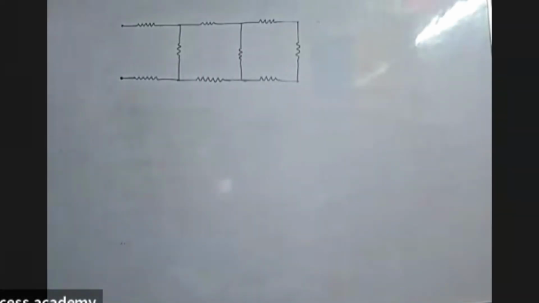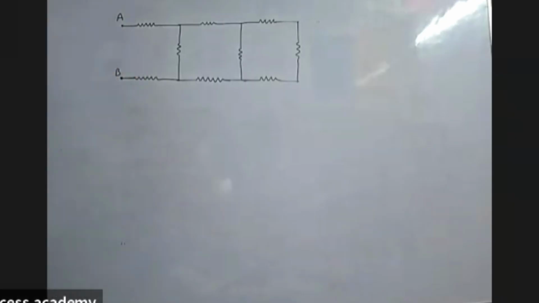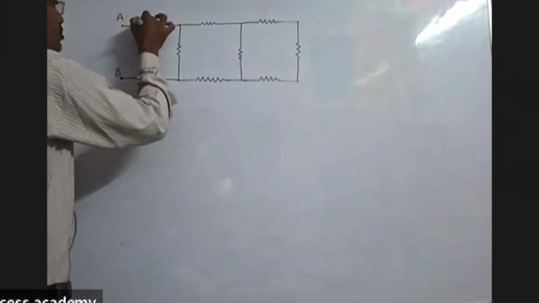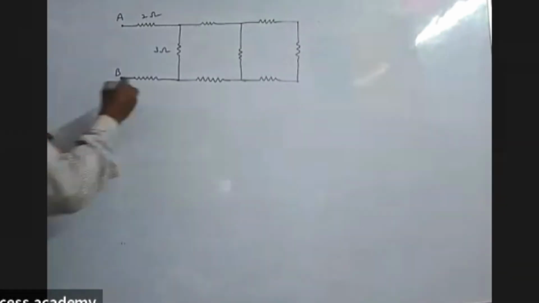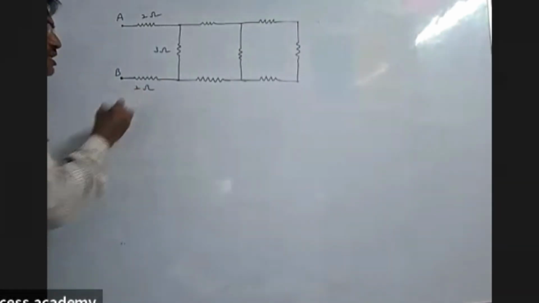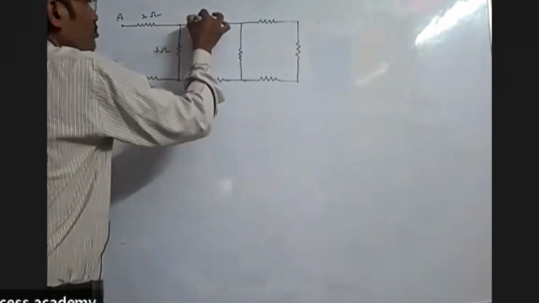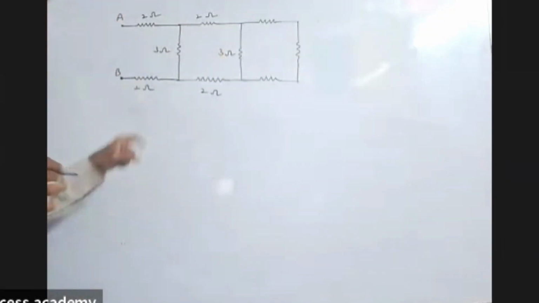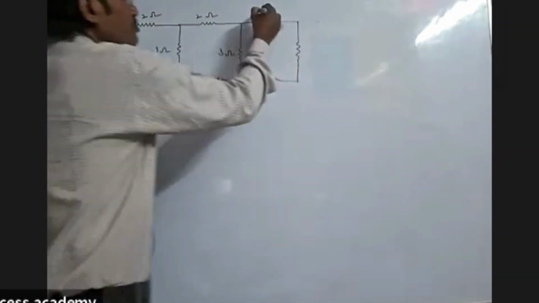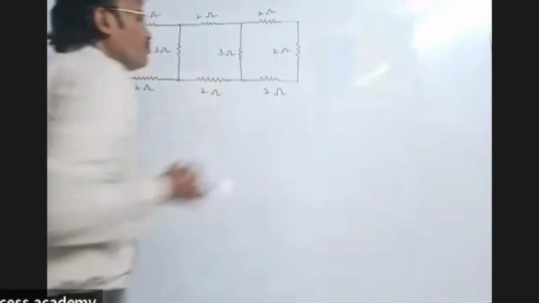Like this, one circuit is present and this is A and this is B. Here the resistances are mentioned as 2 ohm, this is 3 ohm, and this is 2 ohm. As you know, ohm is the SI unit of resistance of the resistor. Again, this is 2 ohm, 3 ohm, 2 ohm, and here also 2 ohm, this is 2 ohm, and this also they mentioned as 2 ohm.